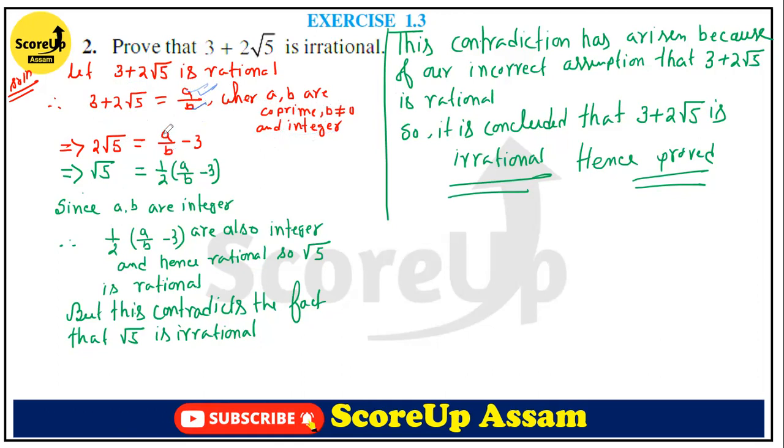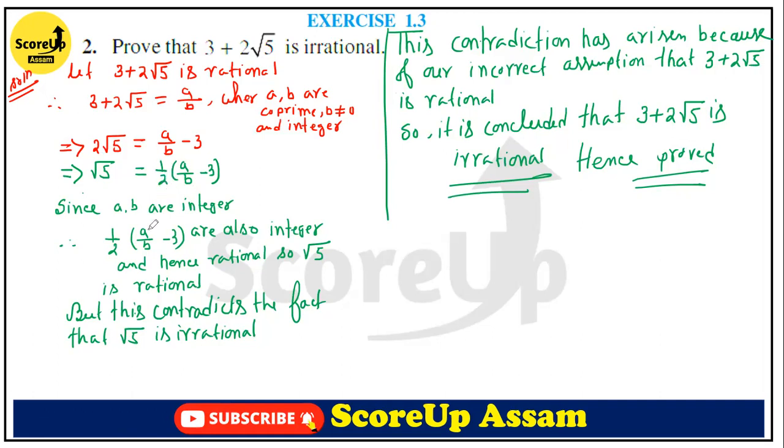Here a and b are integers. Now, if we take plus 3 to the right hand side it goes as minus 3, and on this side it will be 2 root over 5. Now 2 is multiplied with root over 5, so on the right hand side it goes as divisor.